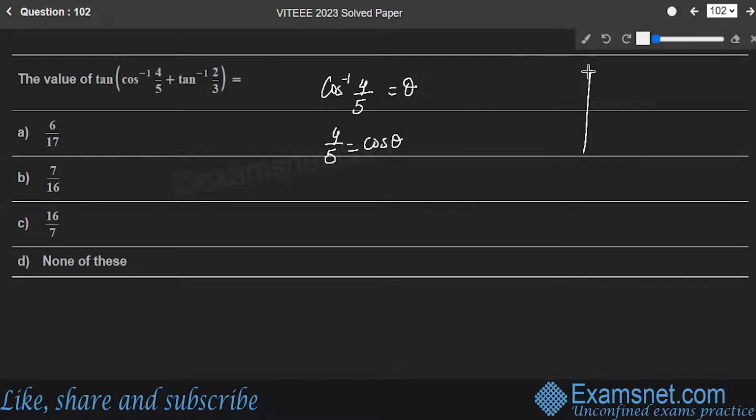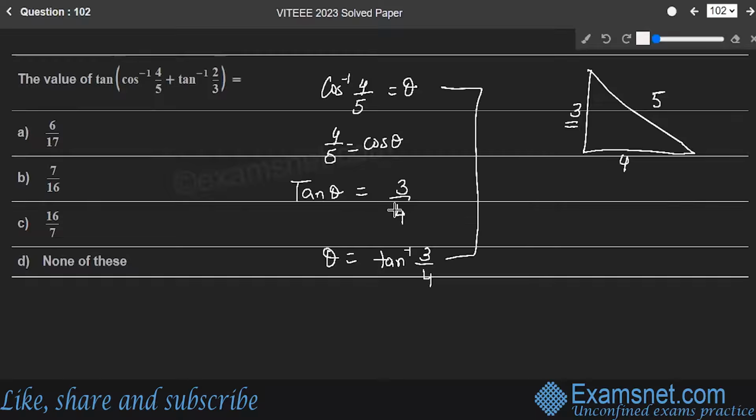If I draw it on the right angle triangle, this is base upon hypotenuse. So if this is 4, this is 5, using the Pythagoras theorem, this is equal to 3. So tangent of theta is equal to perpendicular upon base, that is 3 upon 4. So theta will be equal to tangent inverse 3 by 4.